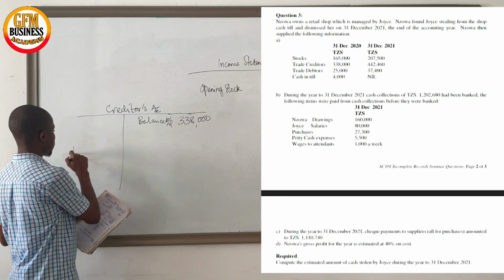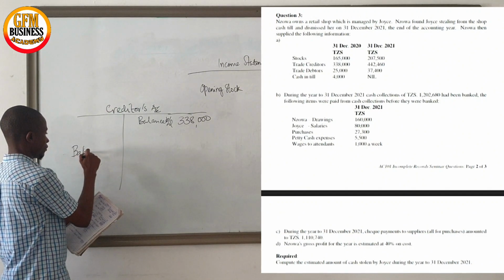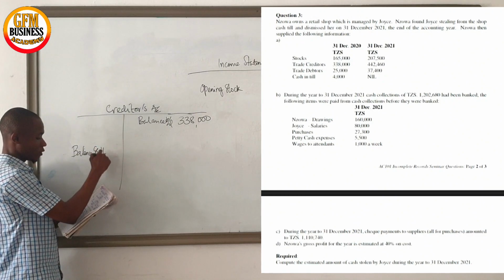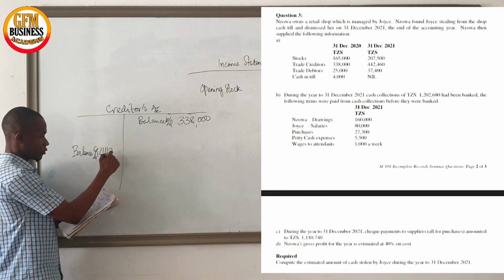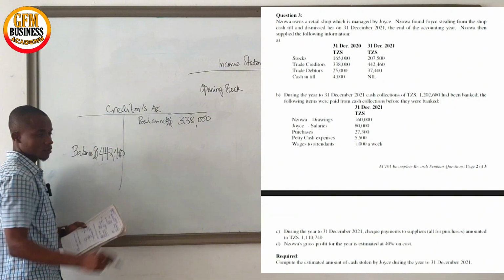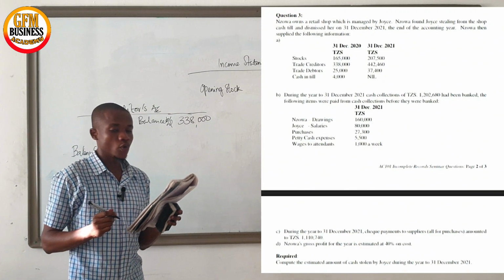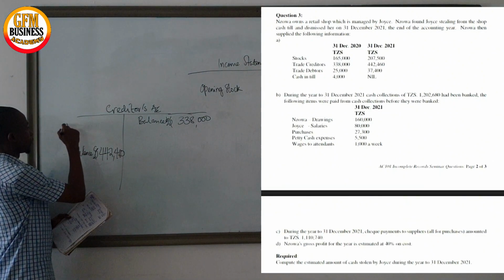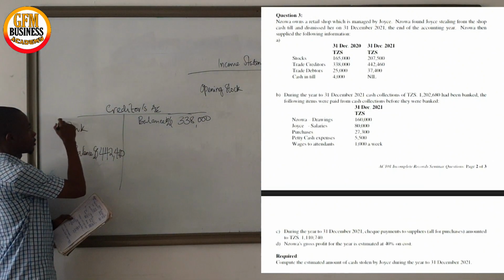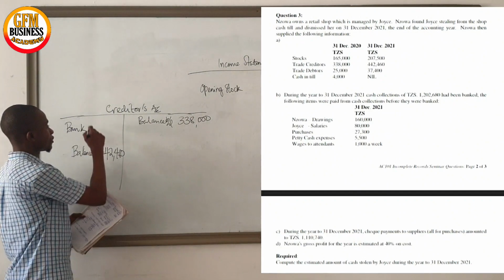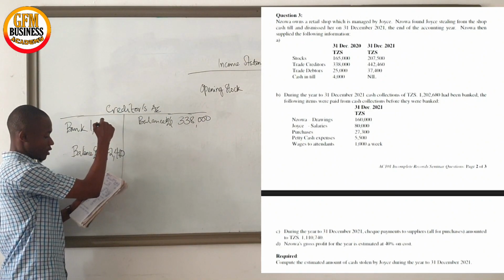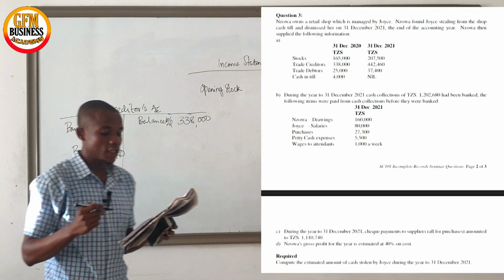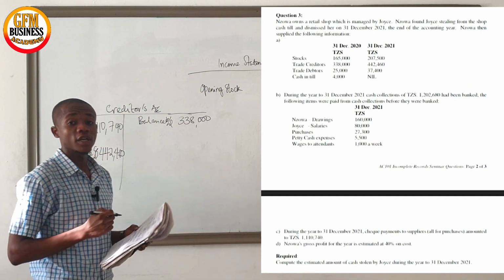You were also given the closing balance, balance CB, which was 442,460. And then you were given the amount paid to creditors, so you write bank. Amount paid to creditors was 1,110,740. So these were the 3 things that you were given concerning creditors.